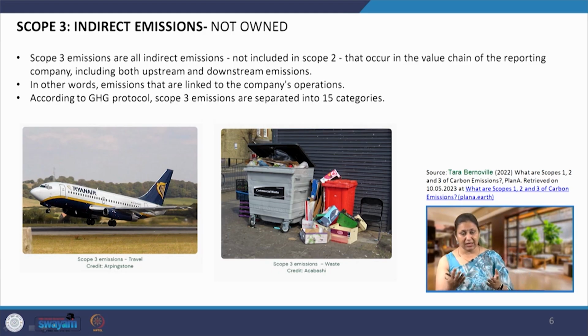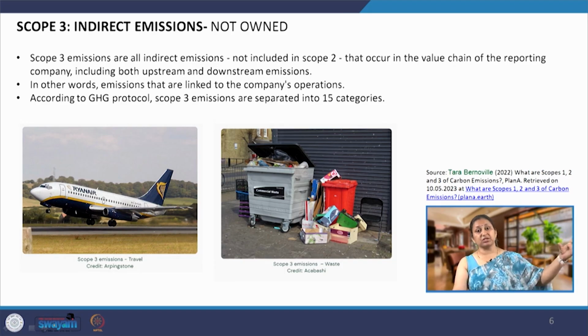Again, let me give you an example of, say, a garment factory or maybe a food processing factory. Here in my factory I might be processing food. For example, I might be making bread. Now, the raw material for that bread is wheat flour, which is coming from somewhere. It might be milk which is coming from somewhere, or oil.